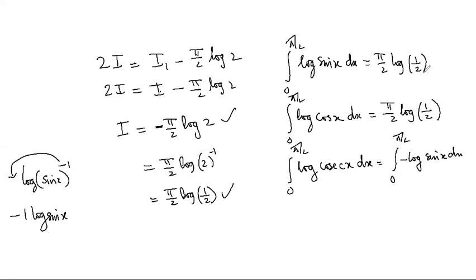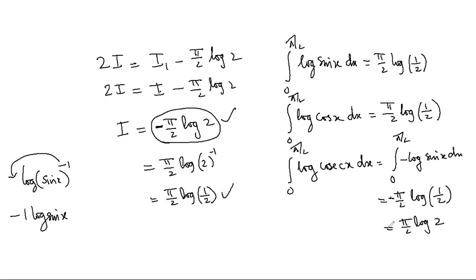So minus log sin x means minus of this answer. So I can write this as pi by 2 minus pi by 2 log half, which is pi by 2 log 2. In the same way, 0 to pi by 2 log sec x will also be the same answer, pi by 2 log 2. Did you follow that? Yes sir.